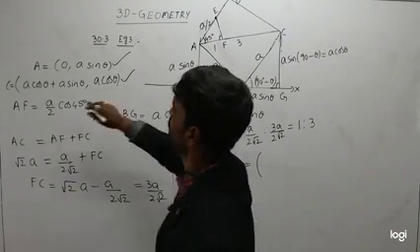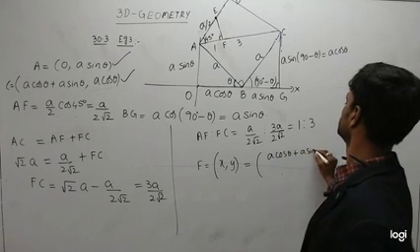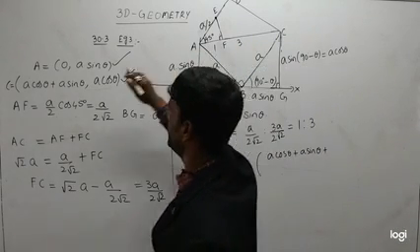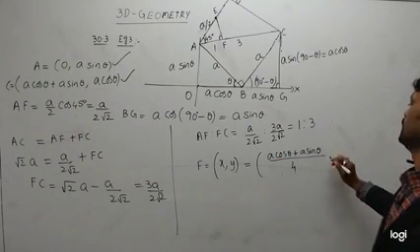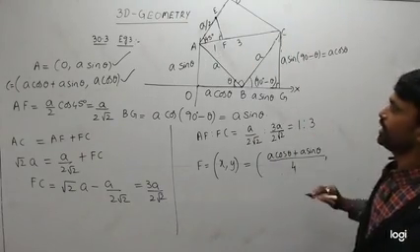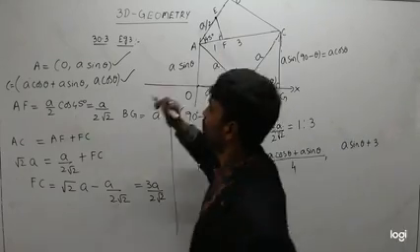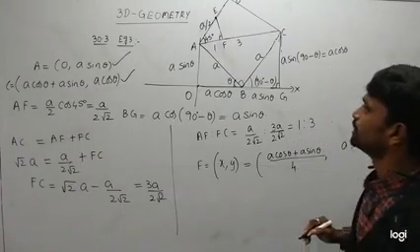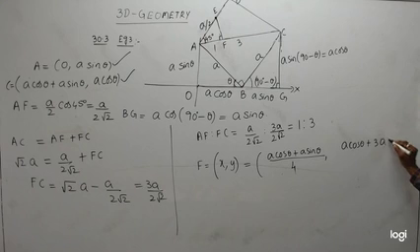1 into C, that is 1 into a cos theta plus a sin theta, plus 3 into 0, divided by 1 plus 3 is 4. Next, what you'll get? 1 into the y coordinate of C, a cos theta, plus 3 into the y coordinate of A, a sin theta, divided by 1 plus 3.